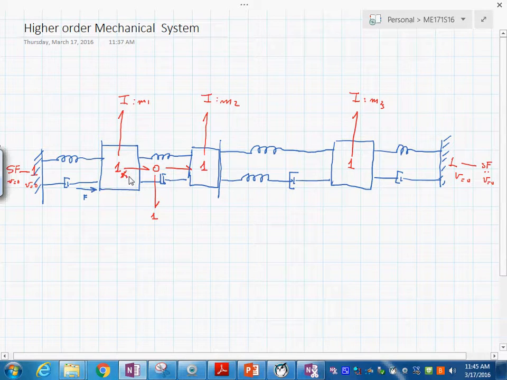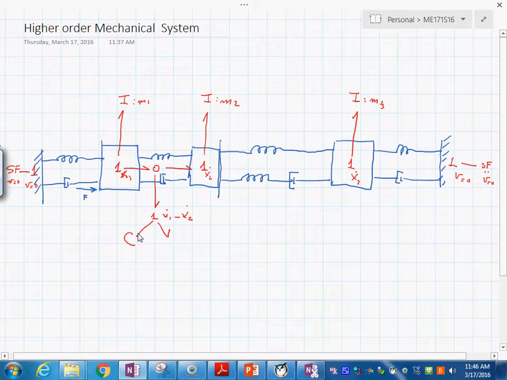So this would be x1 dot minus x2 dot, and that difference is being seen by the C element and also the R element.